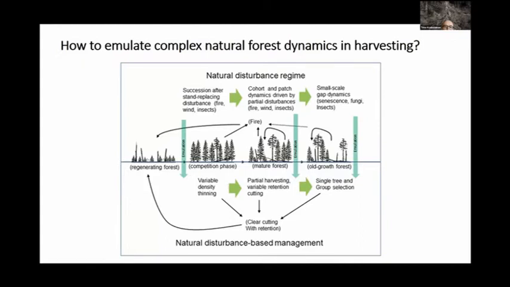This is the basic question, and then we should do that at the stand scale, but also at the landscape scale. So these are the main questions. How to do it?